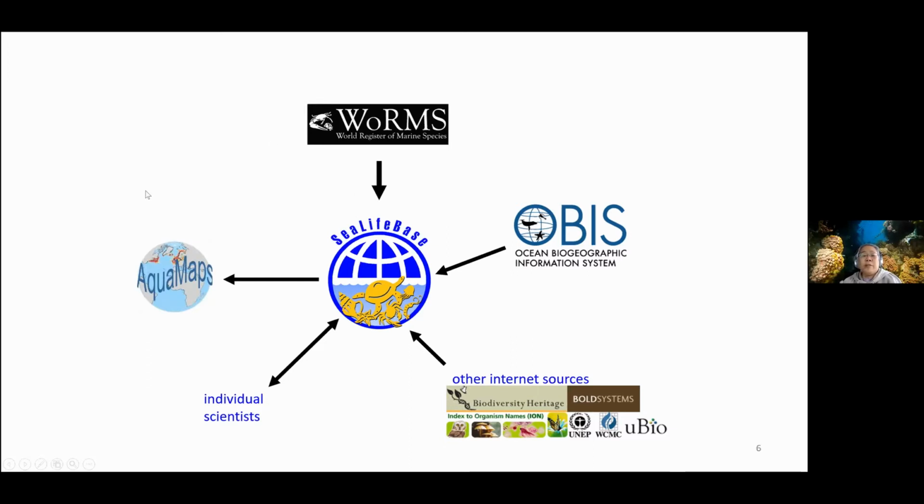So there's a tripartite memorandum of agreement with WoRMS between SeaLifeBase, FishBase, and WoRMS. SeaLifeBase uses WoRMS as its taxonomic backbone, but SeaLifeBase also gives to WoRMS the traits data that it has.